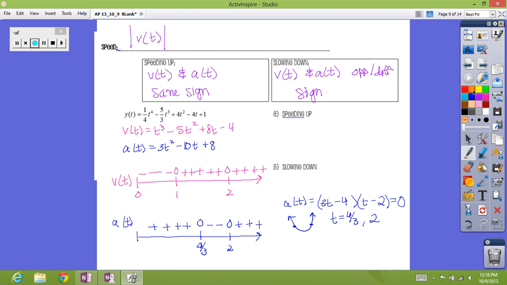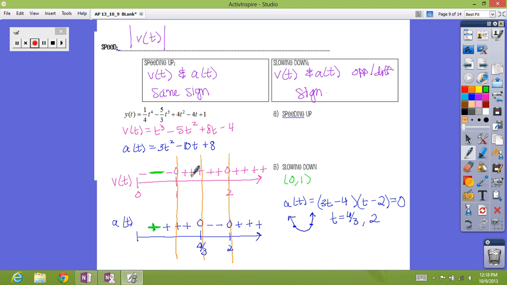So, what I asked the class to do was at every 0, just build a line at every 0. And then now you can see from 0 to 1, since the velocity is negative and the acceleration is positive, from 0 to 1, we are slowing down.